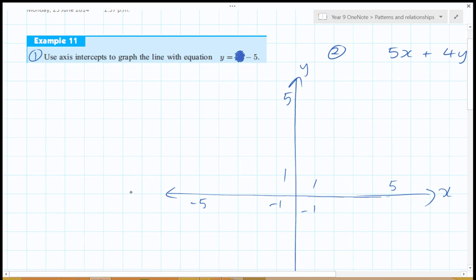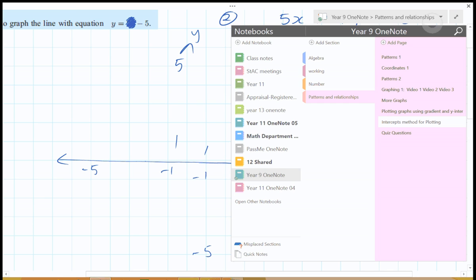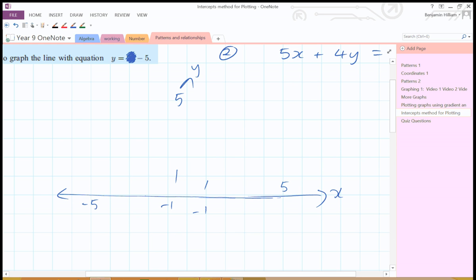If we look at our graph, here x is negative 5. Here x is negative 1. And if we keep on going, here we've got x is 1.